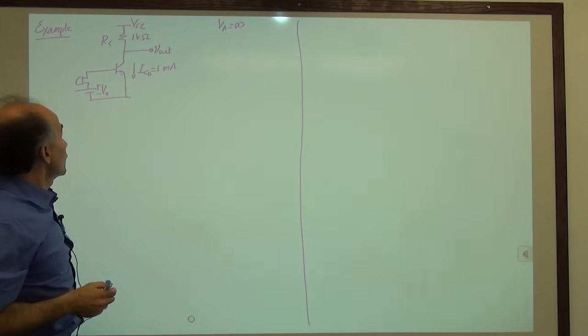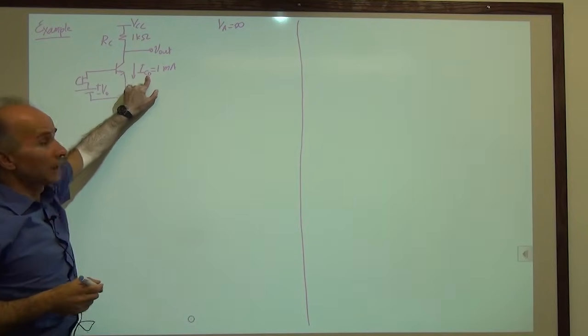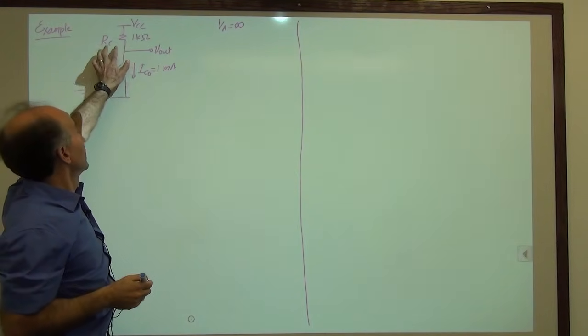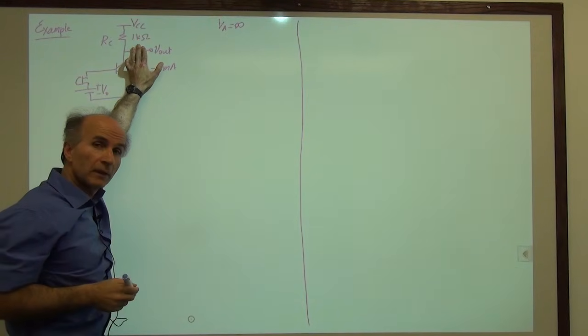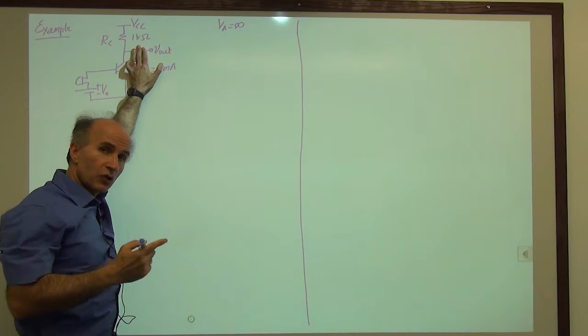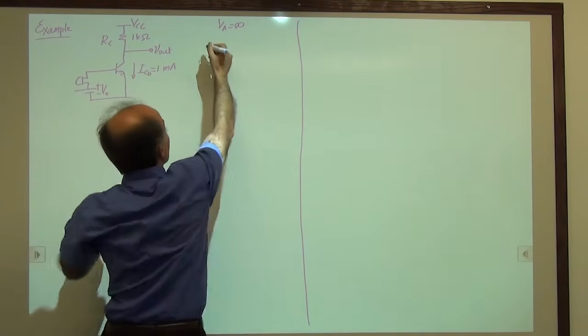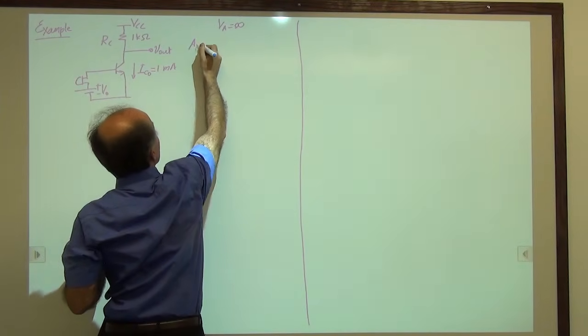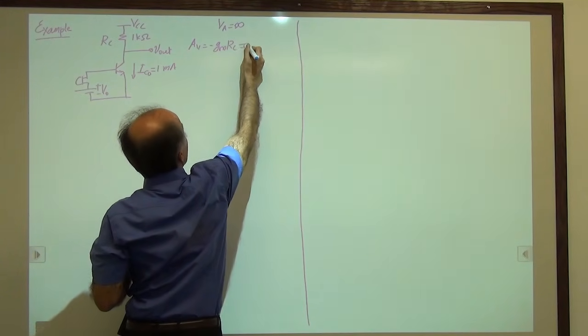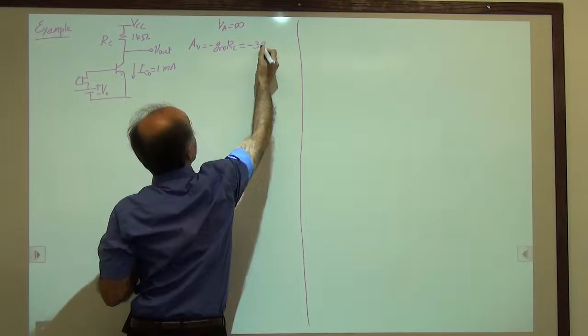All right. So remember that when the collector current is 1 milliamp, and the load resistance is 1 kilo ohm, after we calculated the gain according to minus GMRC from last time, what we got was about minus 38.